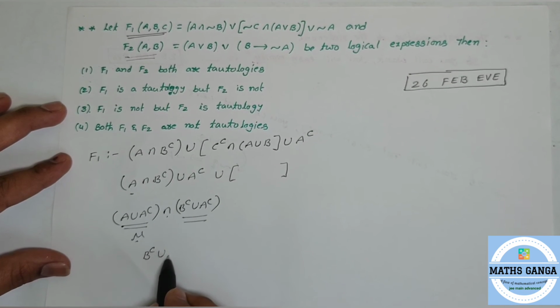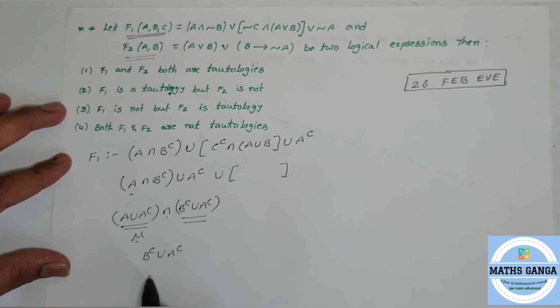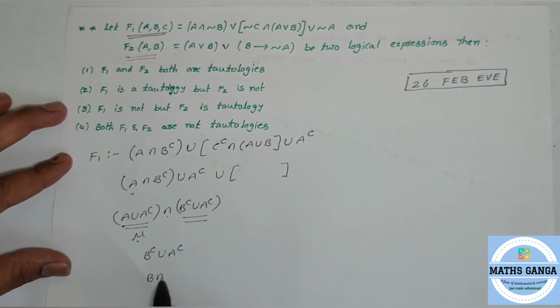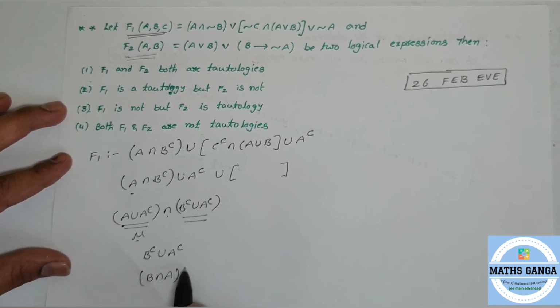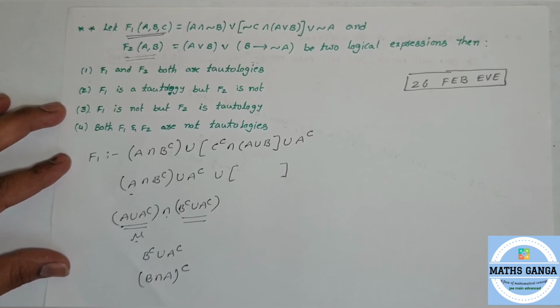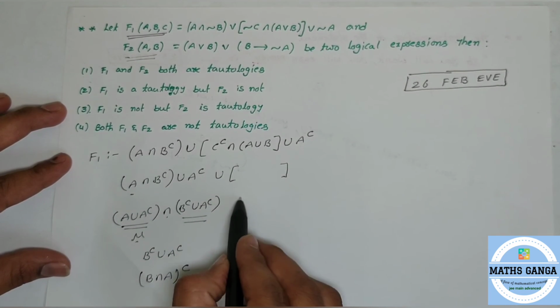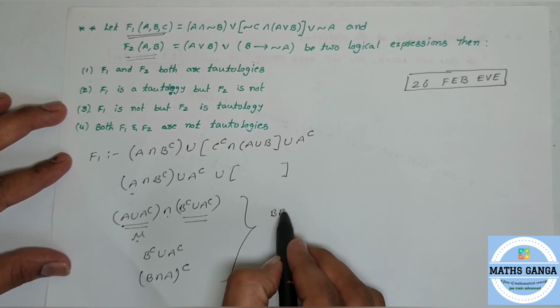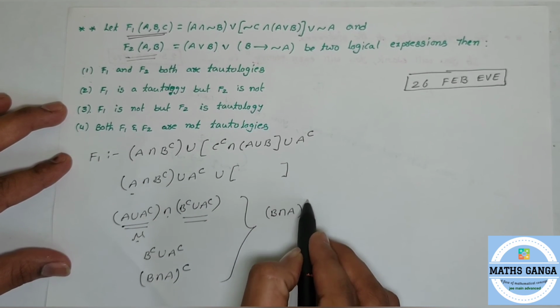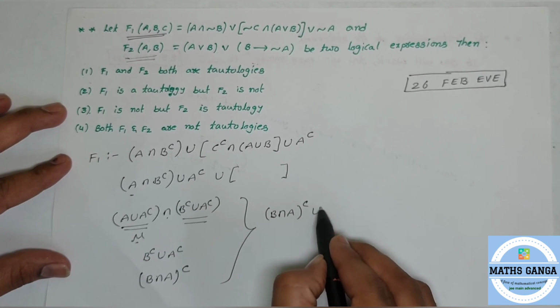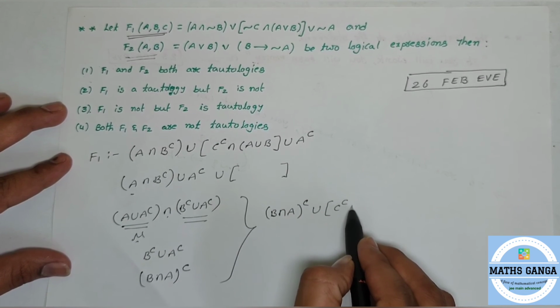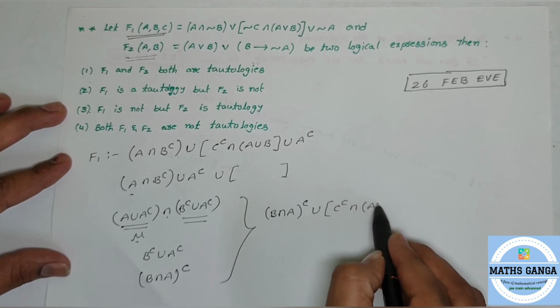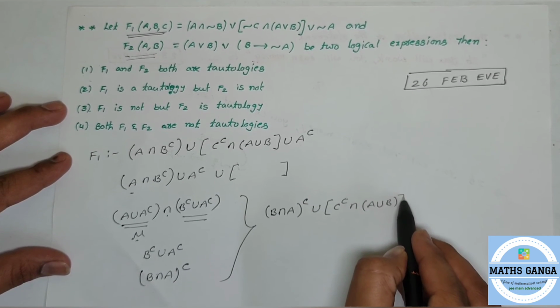B complement union A complement is nothing but B intersection A whole complement, by De Morgan's law. So at the end, the simplification is B intersection A complement, union C complement intersection A union B.